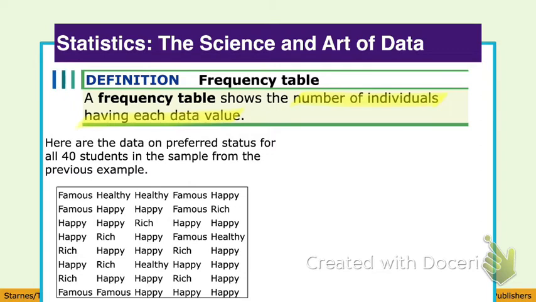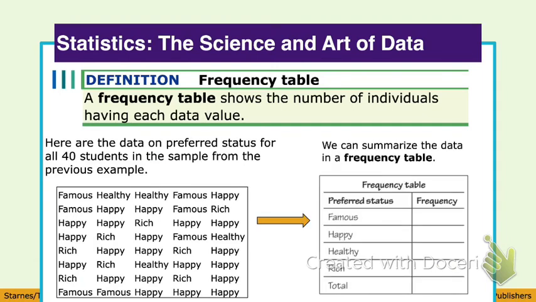So here is the data on the preferred status from those 40 students in that sample from before. This is just the raw data. This is what each of the 40 students said, and it's not in any kind of order. We're going to turn that into a frequency table. Should be super easy. All we have to do is figure out how many of them said famous, how many said happy, how many said healthy, how many said rich.